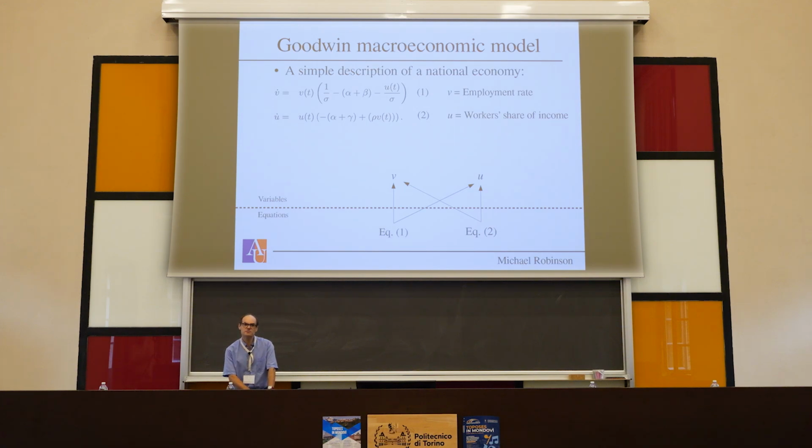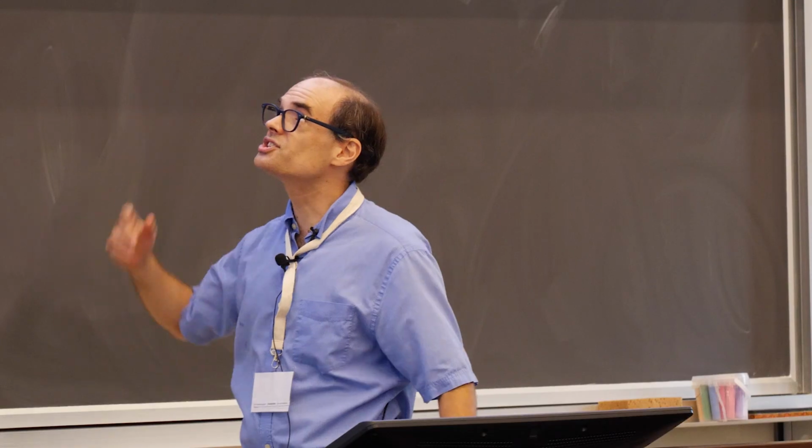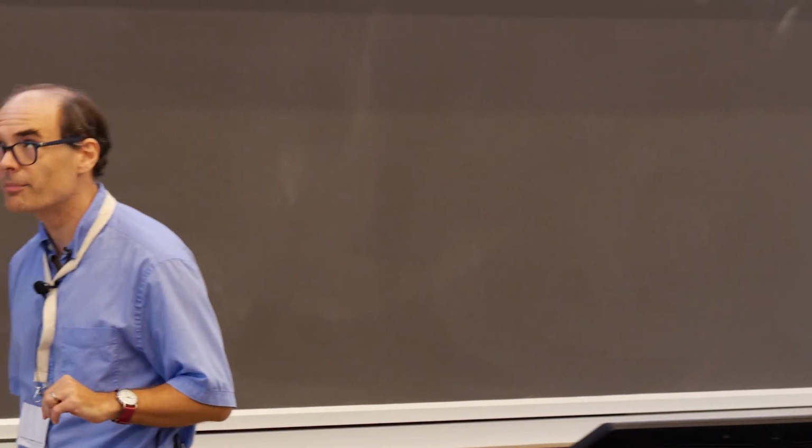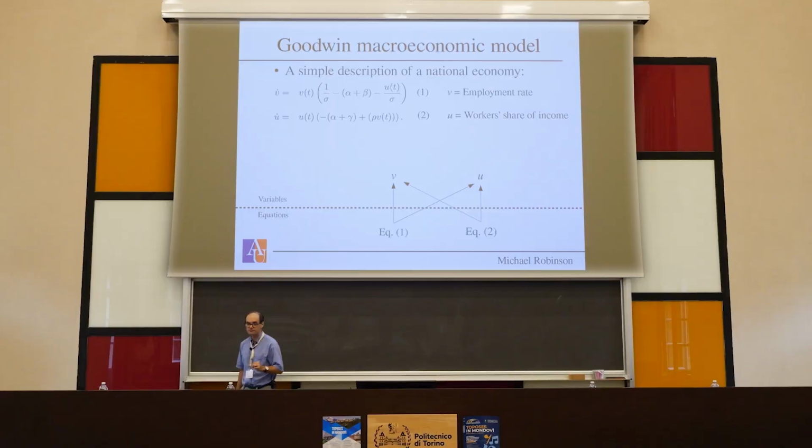Lotka-Volterra system, predator-prey system. I'll leave it to you to figure out whether the employers or the workers are the predator or the prey. But the idea here is I have a system of equations, got two variables in play. It's an ordinary differential equation.